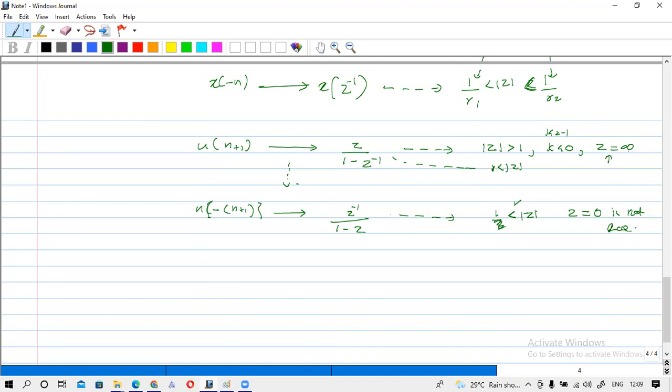Here z equal to infinity is not in the ROC, but this infinity will be 0 if we get the 1 by z. So this 0 is not in the ROC. So this will be the ROC for the time reverse signal.